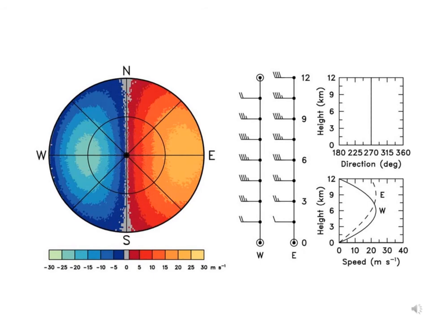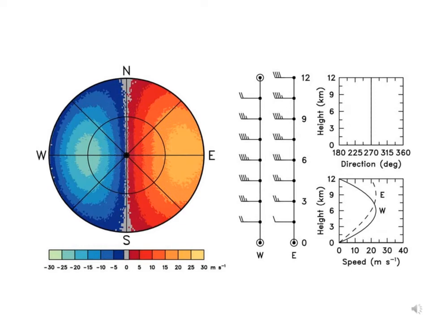Let's look at a slightly more complicated scenario, where we have winds that are no longer constant. These are all in the same direction, but the wind speeds are changing with height. For example, in the western direction, we have winds that are increasing in strength with height up until about 6 kilometers, and then decreasing in strength with height above that.